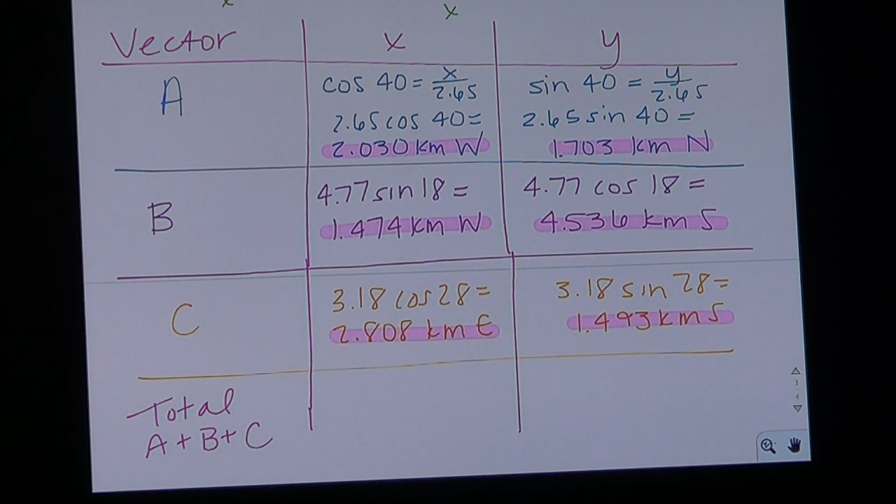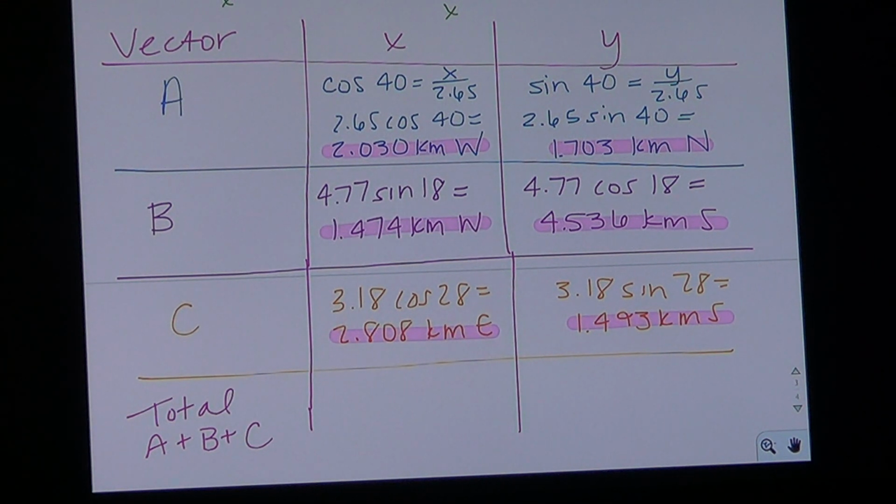Okay, so that's what you should get for the X and Y components for A, B, and C. And now we need to combine them so that we have one single X component and one single Y component. So we could add the two west components together and then subtract the east component from it, or we can subtract the two west components from the east component. What would you get if you combined all of those X components? And in what direction would it be going?